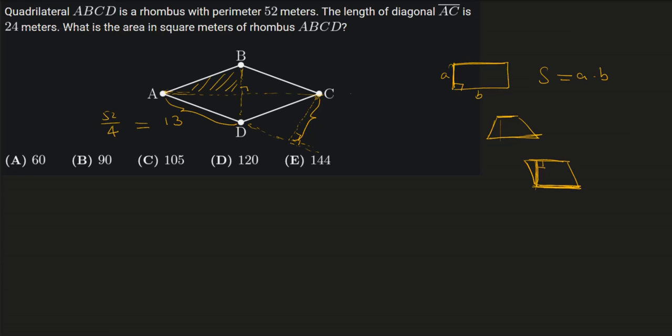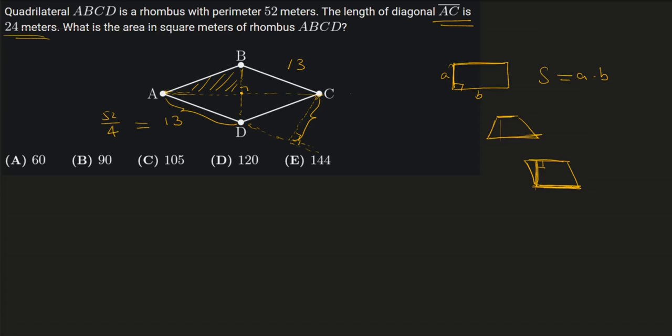Then it'll be much easier to calculate the area. Take this problem for example. Suppose we know that each side of this rhombus is 13, and we also know that AC is 24 meters.